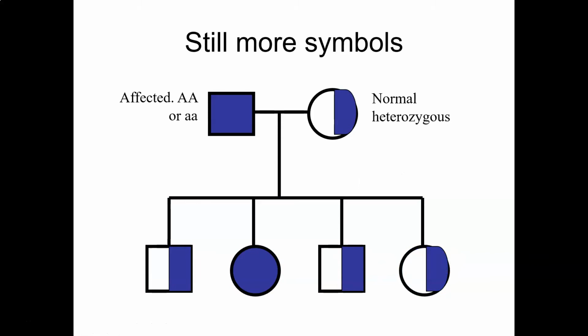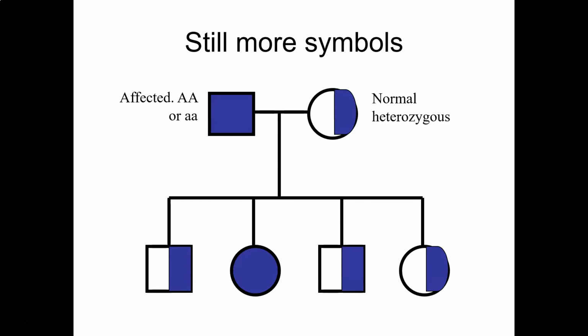Now, if you see shading, this is really quick. For shading purposes, you'll see different things here. So, for instance, if it's a fully colored box or fully colored circle, that means they are affected. Now, that means the individual could be AA or Aa. If it's half shaded, that could be heterozygous. Now, if it is a recessive disorder, the heterozygote may not always show the shading.